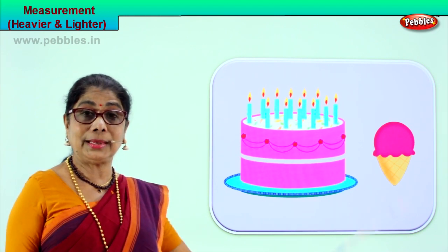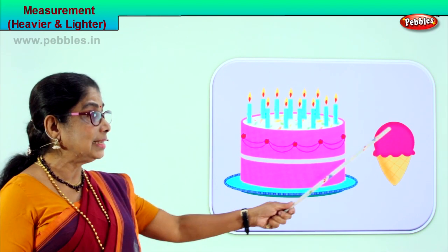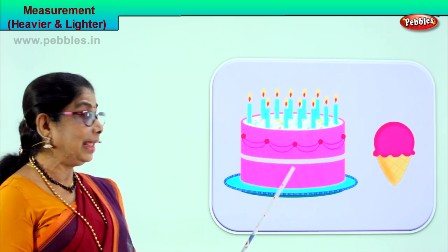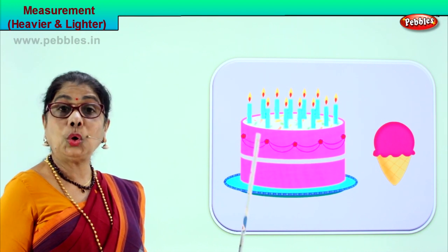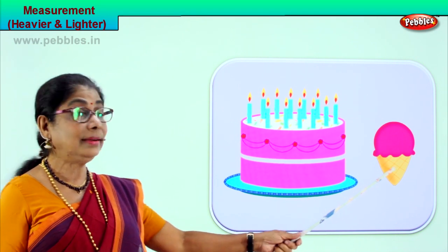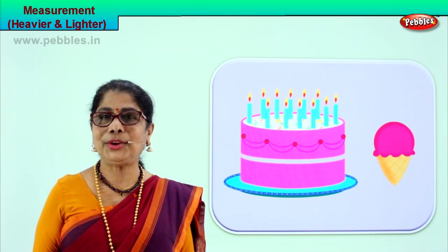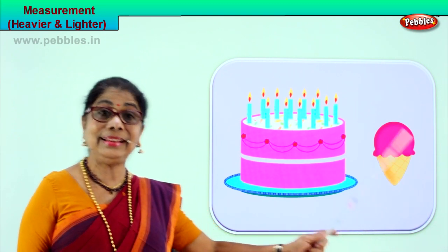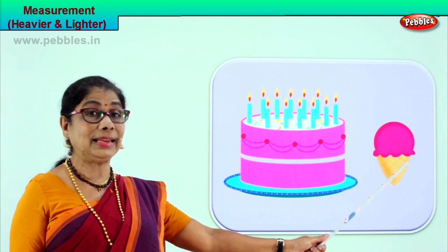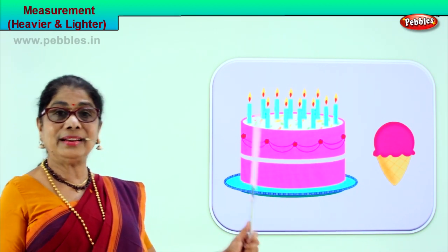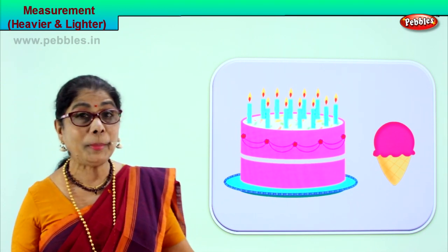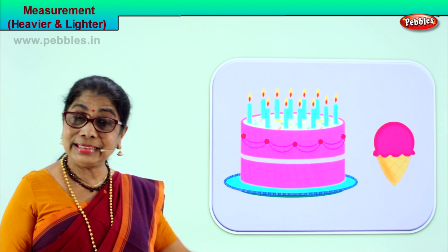If you weigh this on a weighing machine, certainly the ice cream cone is lighter than the cake, or the birthday cake is heavier than the strawberry ice cream cone. Lighter, heavier, heavier, lighter. Now can you understand the two measurements, heavier, lighter?